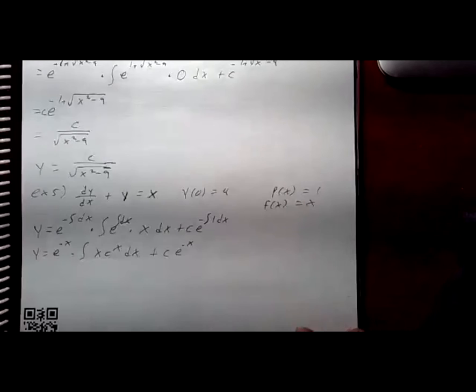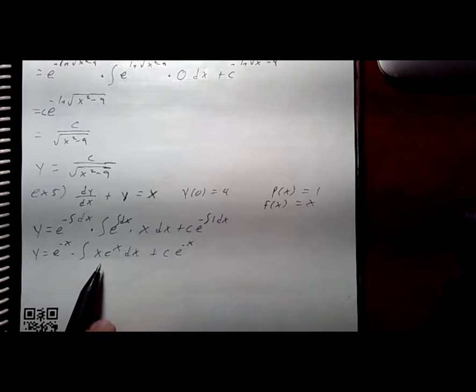So that will become e to the negative x times the integral of x e^x dx, plus c e to the negative x. Just straight up using the formula.